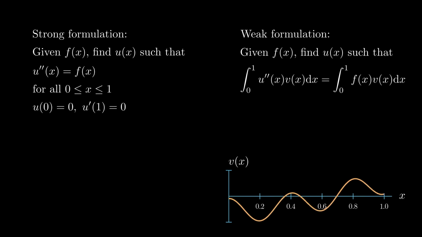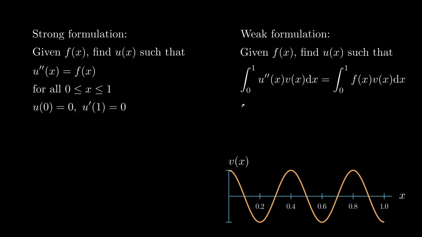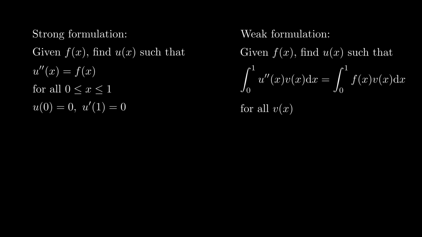Therefore, we write that the integral equation must hold true for all test functions v. Finally, like the strong formulation, the weak formulation must fulfill the boundary conditions. That's it. We have derived the weak formulation from the strong formulation by multiplying both sides of the differential equation by the test functions and integrating both sides of the equation over the region of interest.